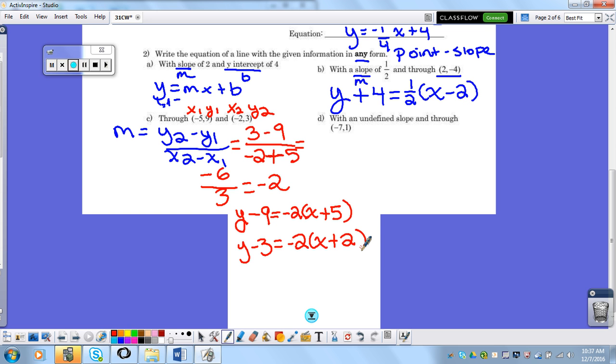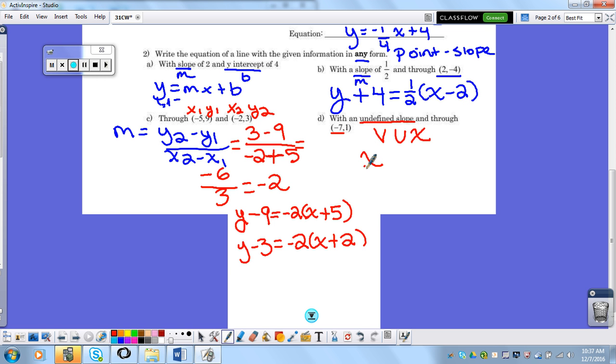Letter D says we want to find an equation with undefined slope through this point. So think about undefined slope. Which one has undefined slope? You guessed it, it is a vertical line. So if it's a vertical line, undefined slope, x equals. Okay?